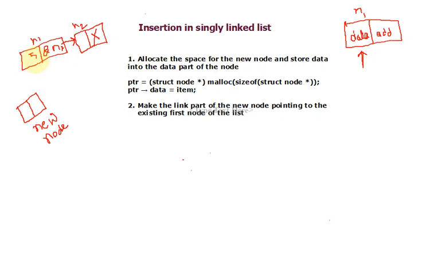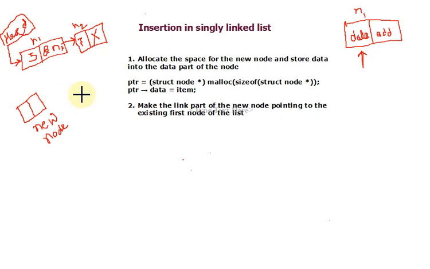So I stored the 5 here and I stored 7 here. And what about the node 1? We have the separate variable, that is start or head. So this is head. What is the need of this head? This head holds the address of the node 1.